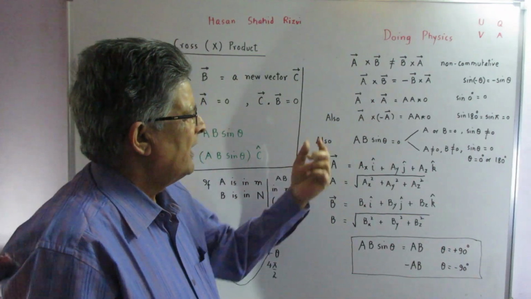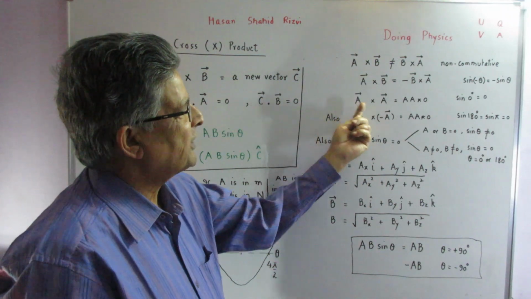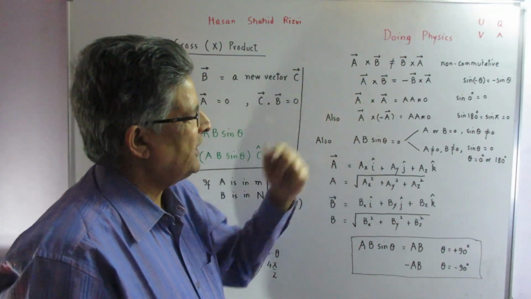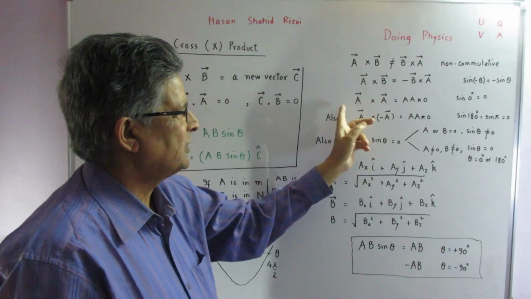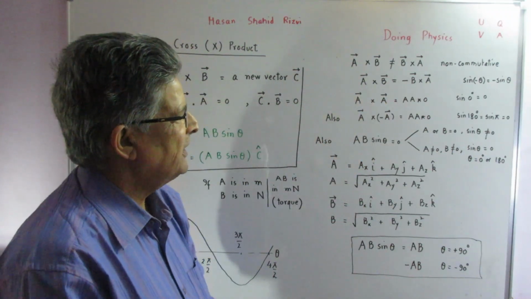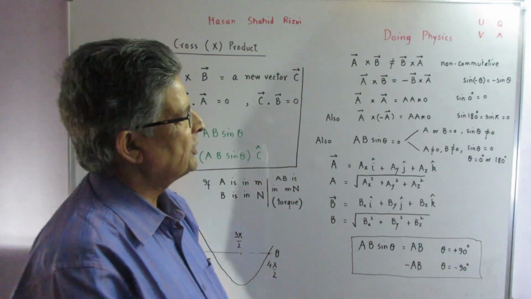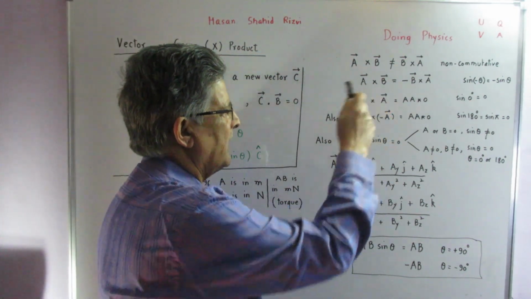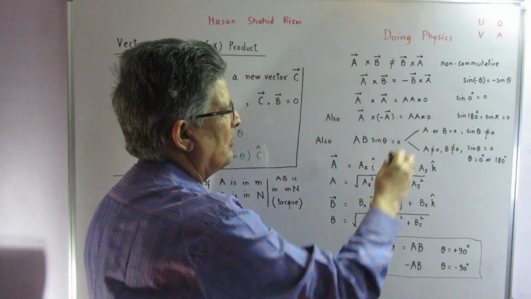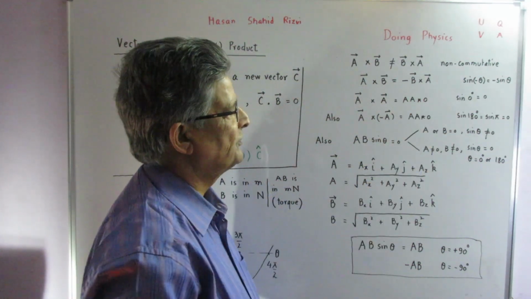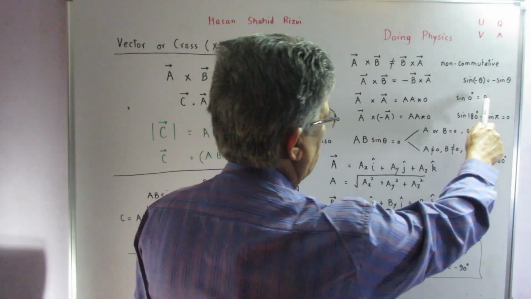Now I introduce another thing. What if B is equal to A, of course they belong to the same variety? I want to know the value of A cross A. That turns out to be equal to A into A multiplied by sine of 0, and sine of 0 is equal to 0.